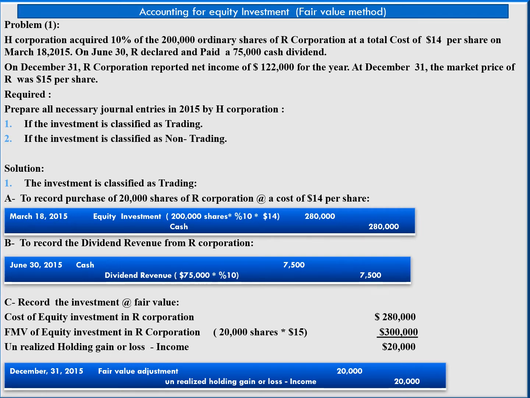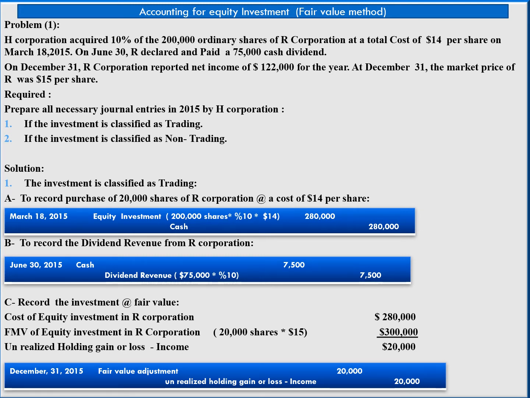So what happened? Equity investment, an asset, will increase on the debit side, and cash paid will decrease on the credit side.